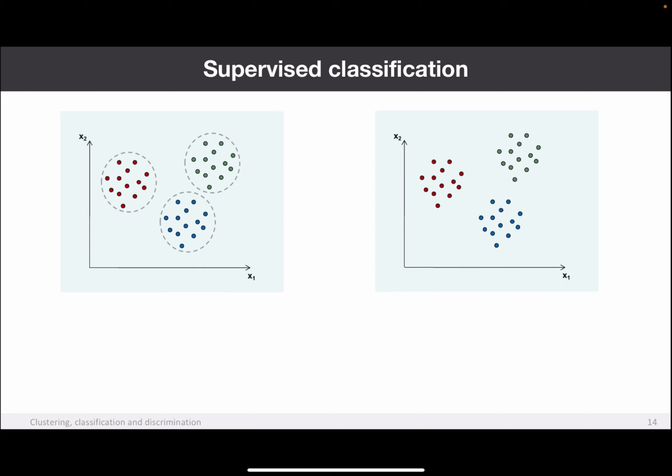And then supervised classification can be done in two different ways. You either make a discrimination or you make one-class classification. So let's talk a little bit about that. First of all, the one-class classification is shown on the left part. In this case, you define a model, or a class, for every group, for every class you have.